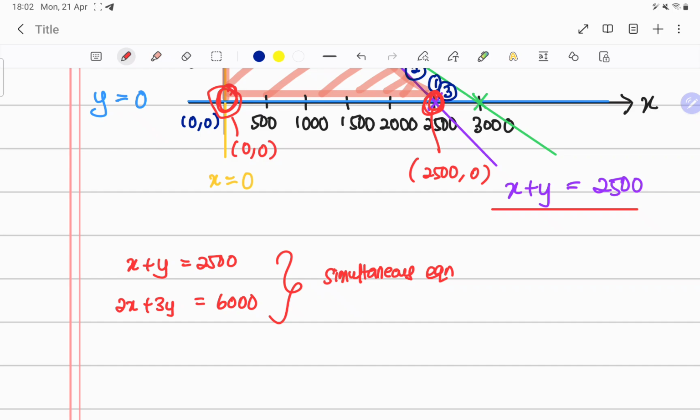But to make it easier for you, you can just use a calculator. So use your calculator to find the values of x and y. Let me find first. You're going to put 2500, then 2, 3, 6000.